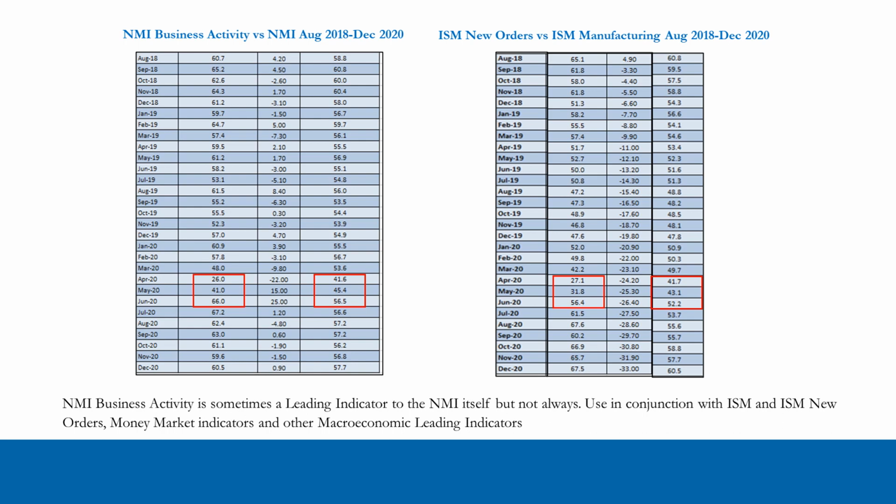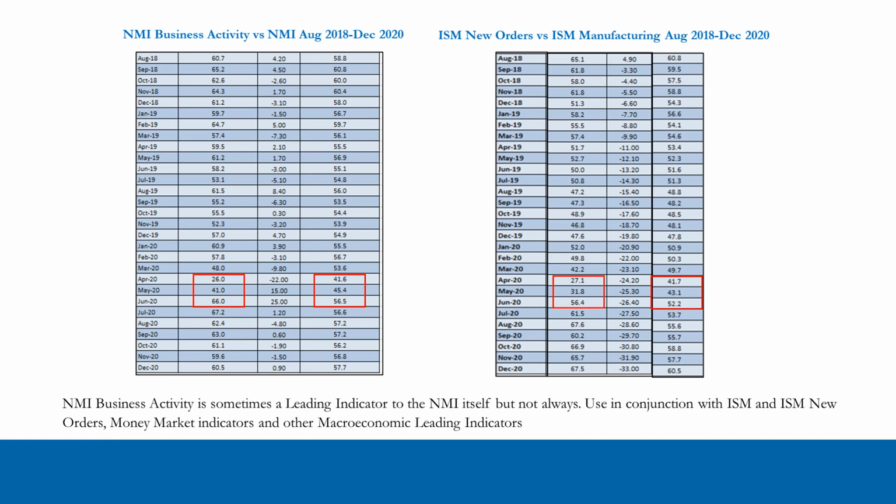So what's interesting there is that business activity is leading the NMI lower. And if we go a little bit further and look at the April, May, June period, we see a trough in business activity at 26, and we see a massive rebound for the May number. So a massive down move and a massive rebound.